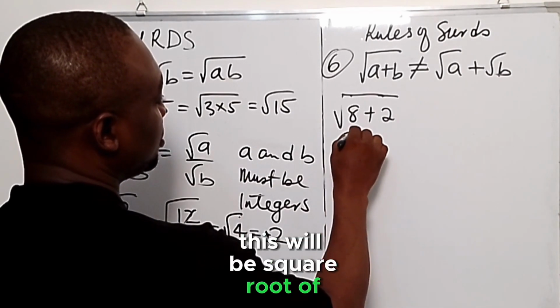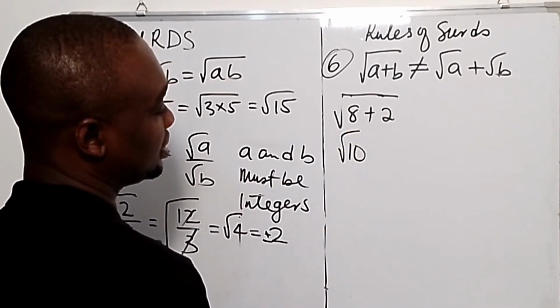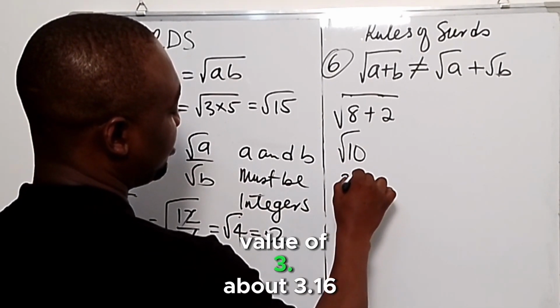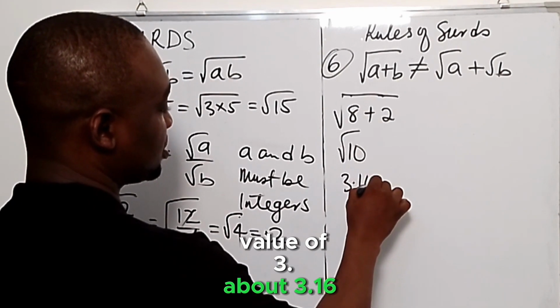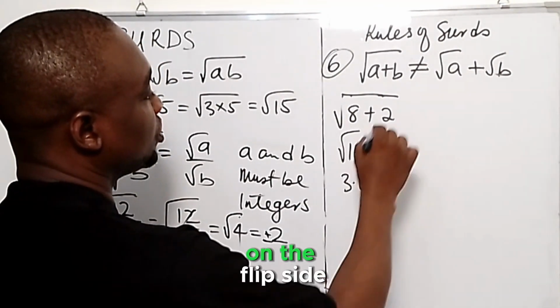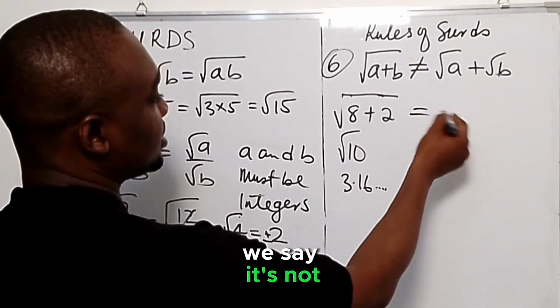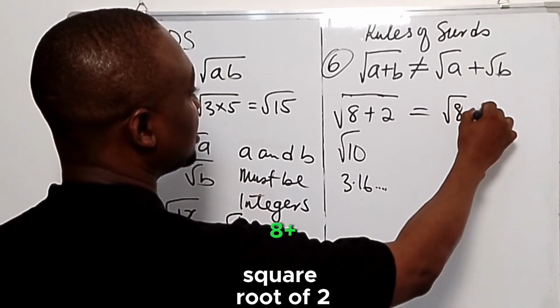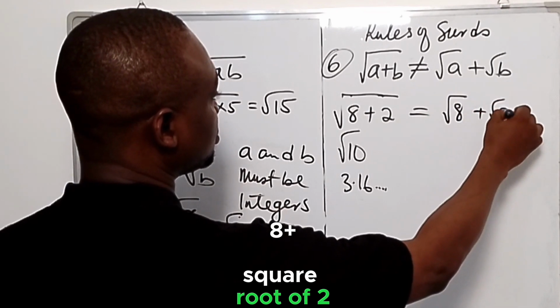This will be square root of 10, and it would have a value of about 3.16 or so. So on the flip side, we say it's not. Let's find this out. So this will be square root of 8 plus square root of 2.